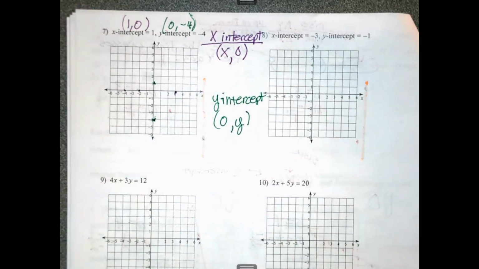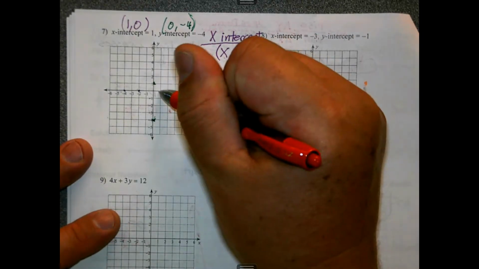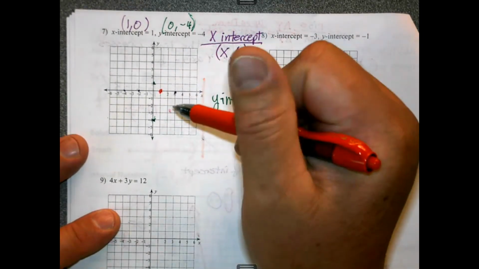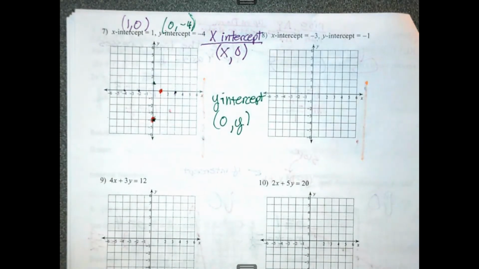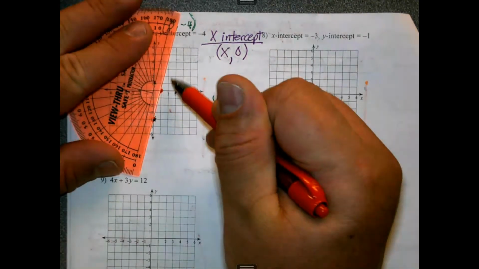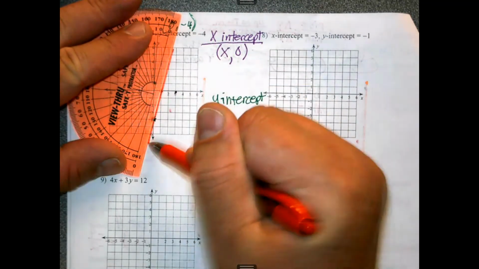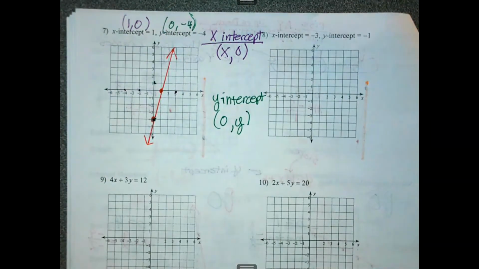And if you remember from your geometry class, how many points do I need to make a line? 2. I got 1, 0 and 0, -4. I have 2 points. Unless you're a very good artist, I highly suggest using a straight edge and draw your line. Easy peasy, right?